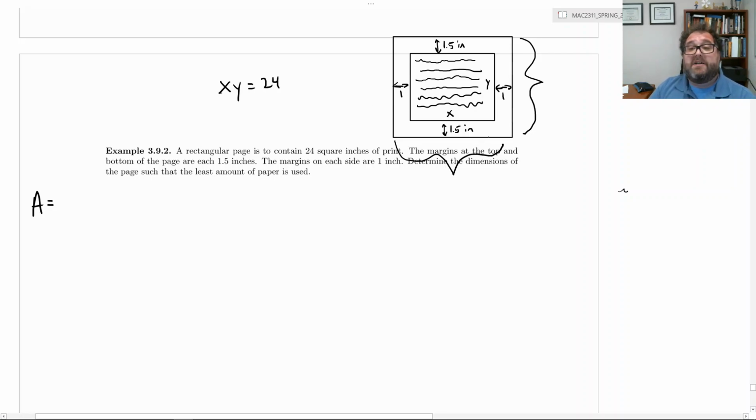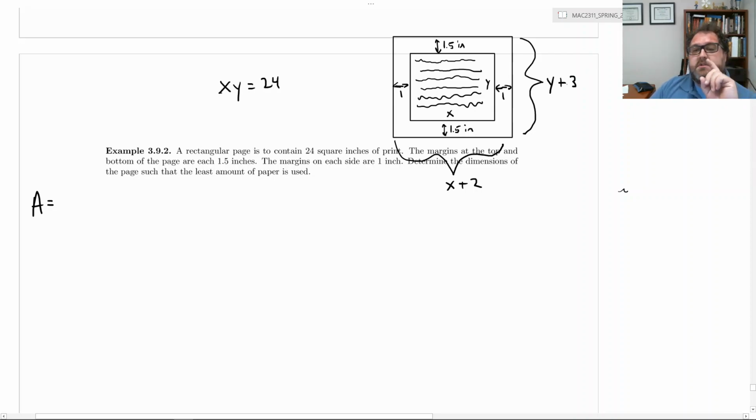So what are the dimensions? What's the width of the overall page? Well, it's x plus your margins, plus 1 plus 1, is x plus 2. What about the height, again including the margins of the overall page? Well, it's y plus 1.5 inches plus 1.5 inches, otherwise known as 3.